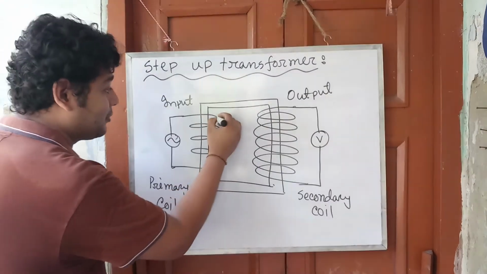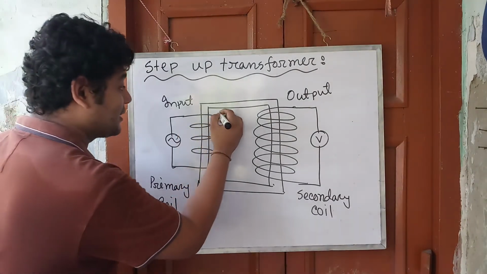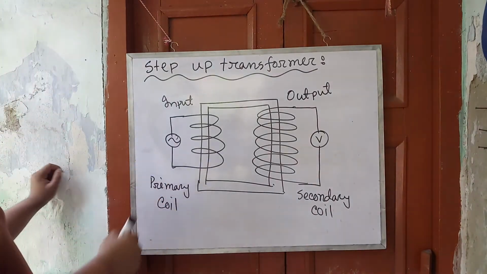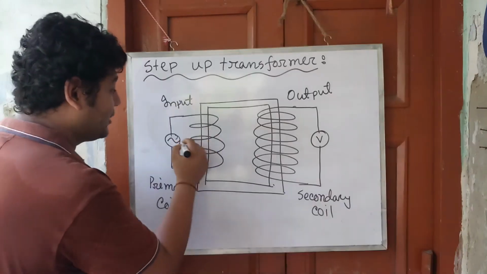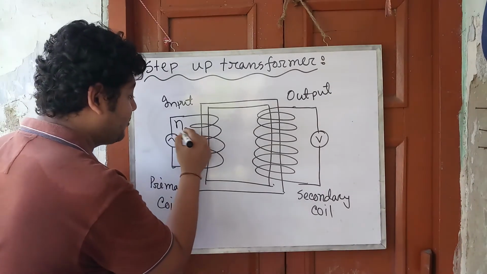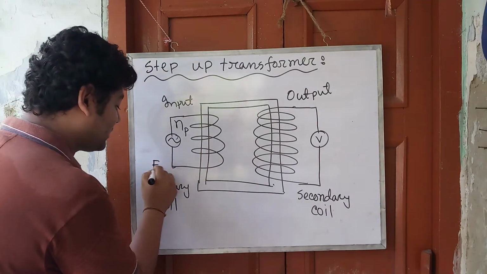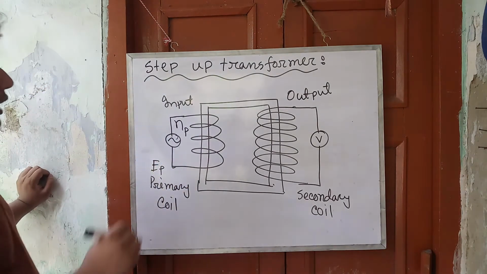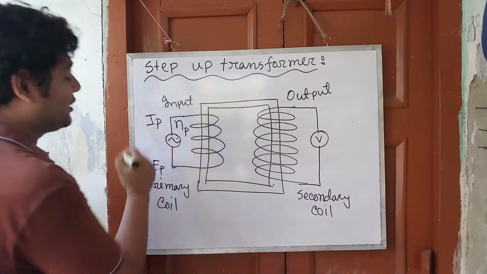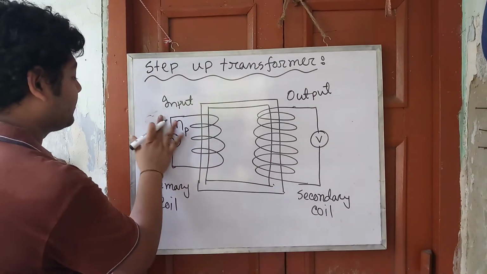Here the number of turns N is denoted as NP. This side is the primary coil, so the number of turns is denoted as NP. The voltage is denoted here as EP, and the current for this part is IP.